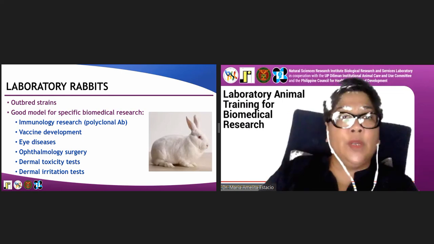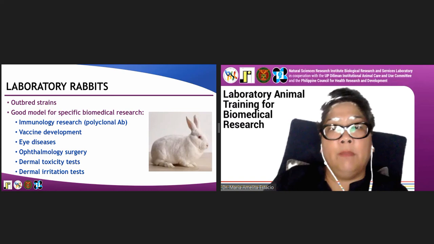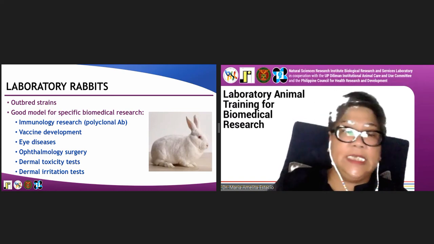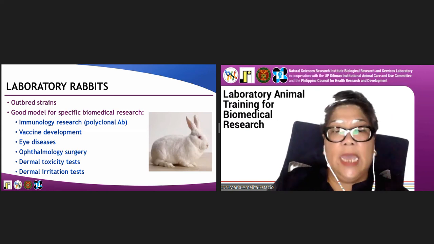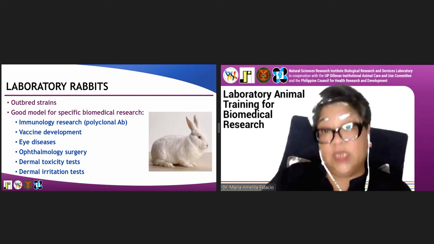Now, for those working on immunology research, particularly development of polyclonal antibodies, vaccine development, eye diseases, ophthalmology, and for topically applied substances, so dermal toxicity and dermal irritation, the laboratory rabbit would be your choice, and the albino model is the best choice.